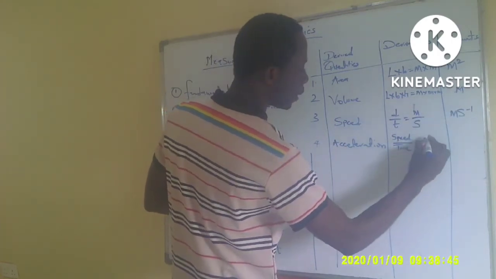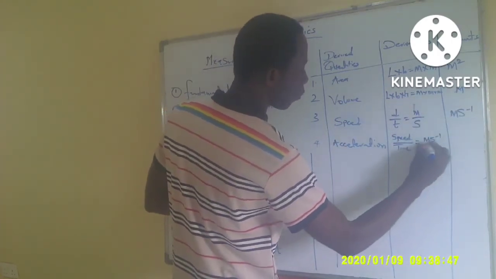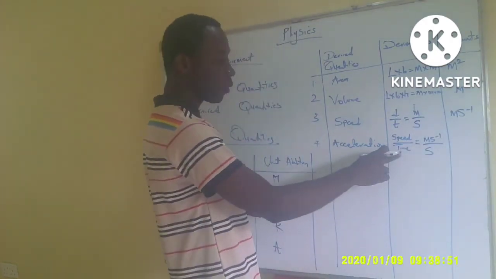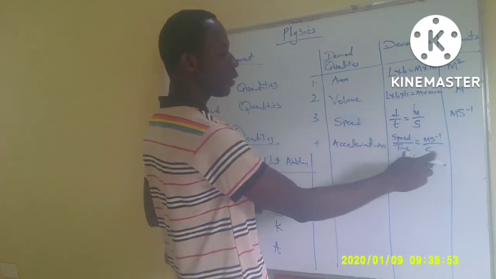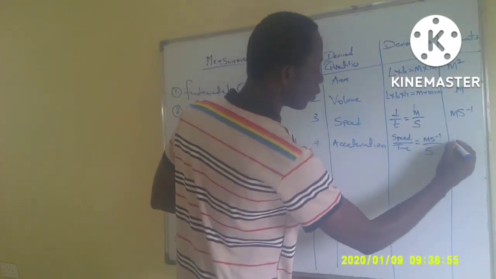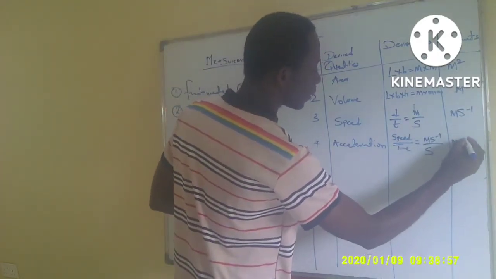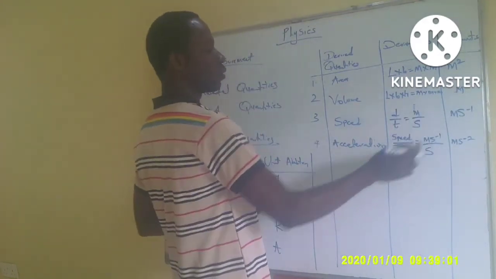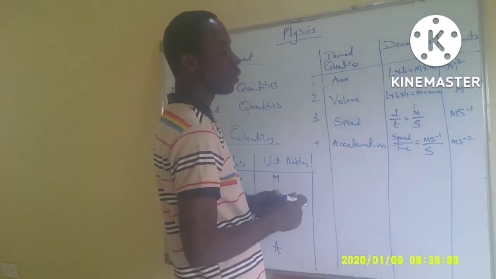So we can say meter per second over seconds, because the unit of time is seconds. At the end of the day, it gives us meter per second squared.